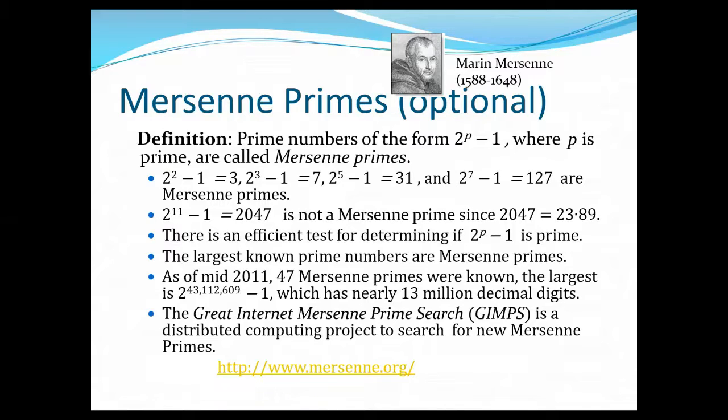For example, when we substitute 11 into our equation, 2 raised to 11 minus 1 is 2047, which is not a prime number since we have other factors aside from 1 times 2047. We have 23 and 89 to yield 2047. So the result is not a prime number. Therefore, this is not a Mersenne prime.